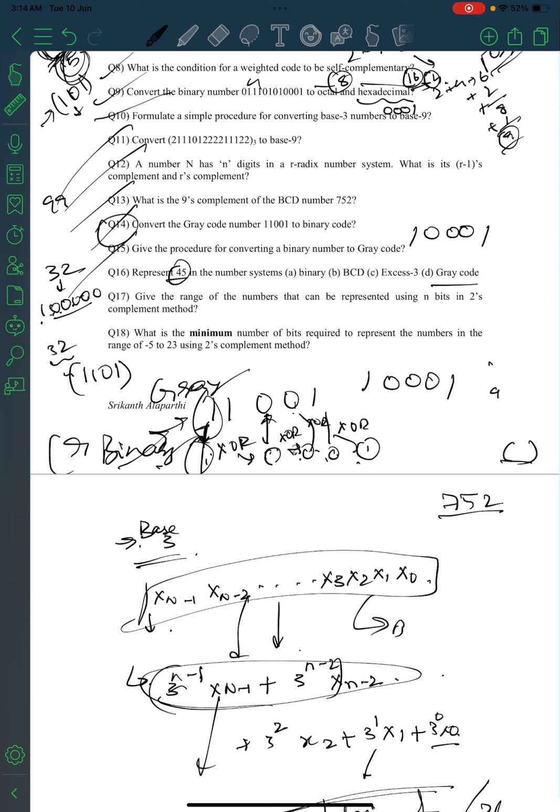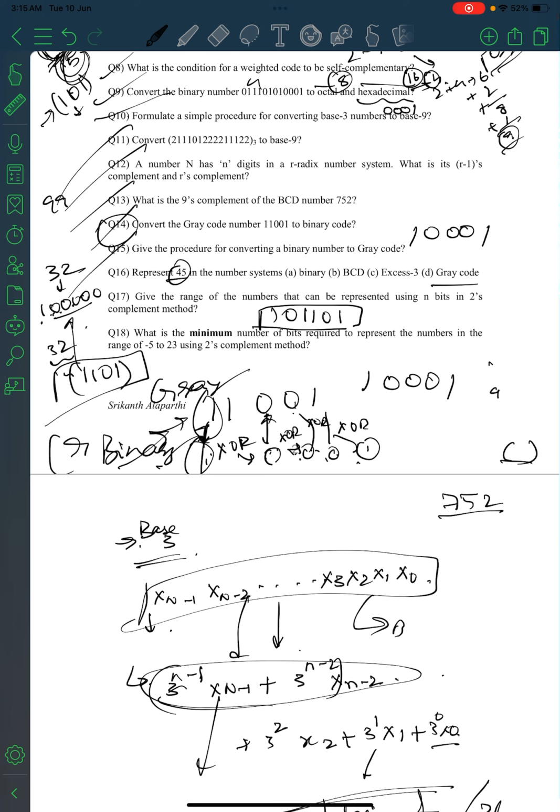Yeah, it's 13. 32 plus 13 equals 45, right? So 13 is represented like this. Adding this one to this one, we got 101101. This is the binary representation of 45.